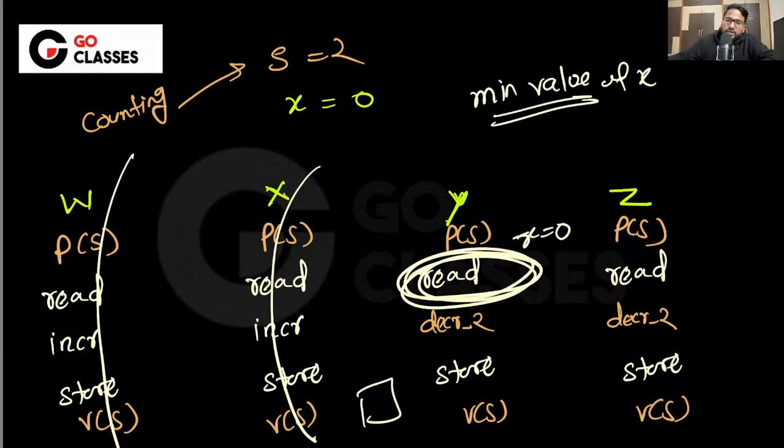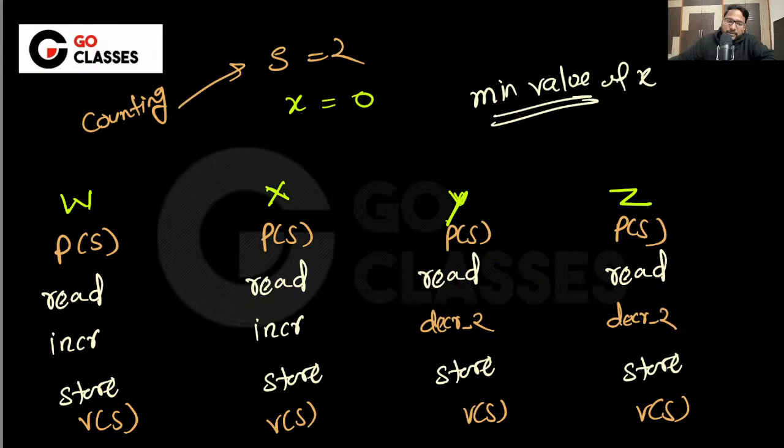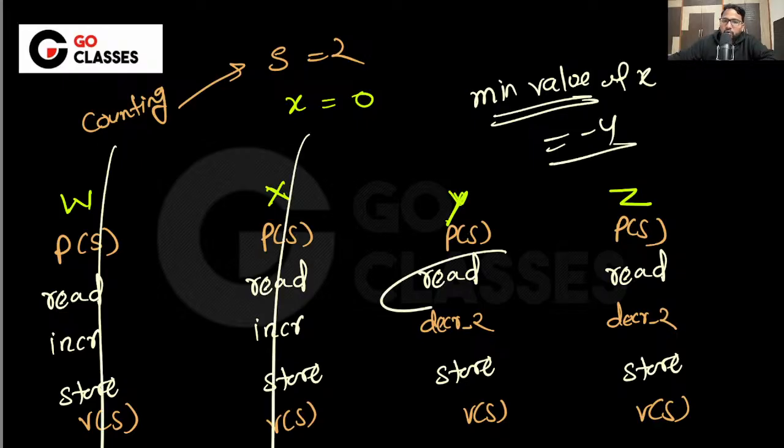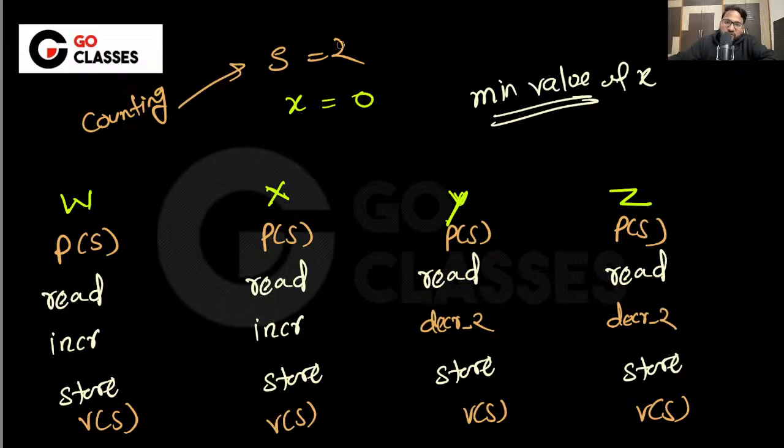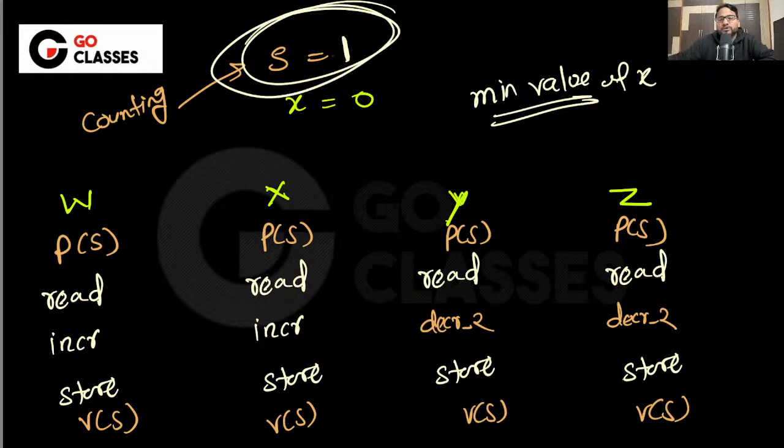Now in the same question, here it is -4. How? You discard this, you hold it, and then it will be -4. But in the same question, if s is 1, say it is a binary semaphore, then you have to do it systematically.